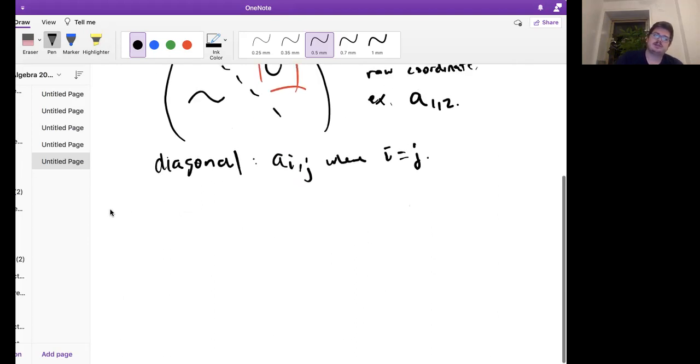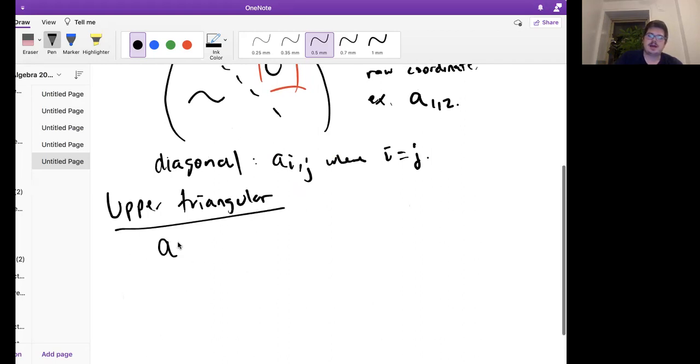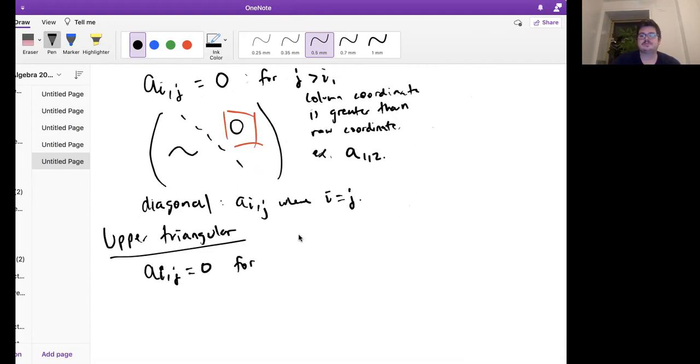For upper triangular, it's Aij equals 0 for which? Other way around, yeah. So for j less than i.